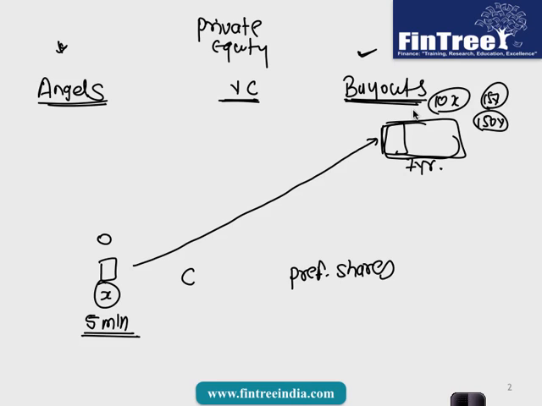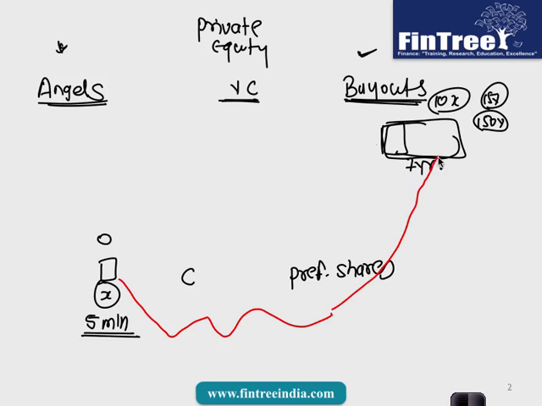But imagine now how these people think. They think, what if the company didn't behave the way I projected? What if the company behaved in this fashion, that in the first 2-3 years they made losses, but later on they picked up? If this is the case, in the years in which the company was making losses, I will not get any dividend, because preference dividend is paid only if the company is making profits.